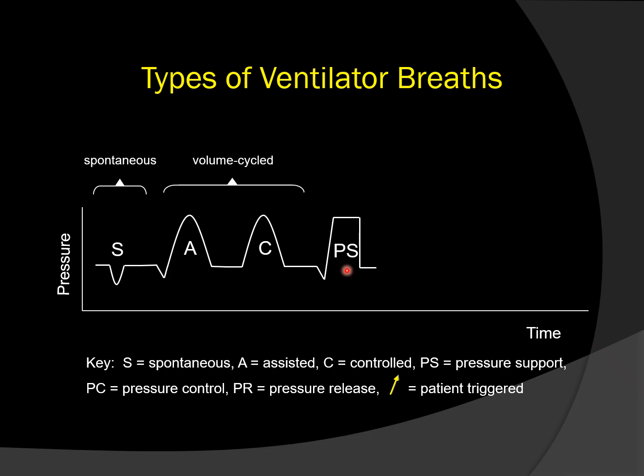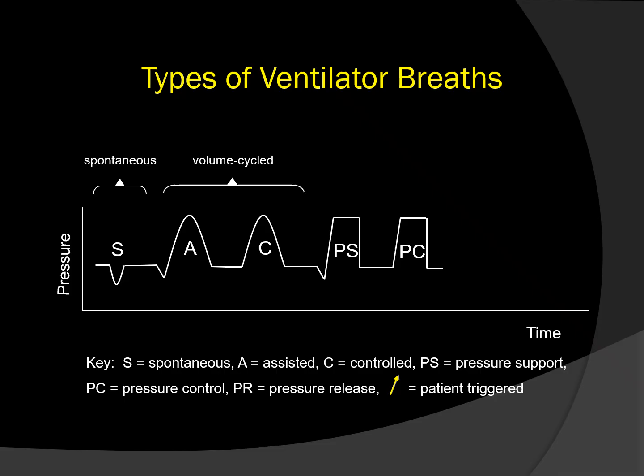So a pressure support breath recognizes the patient's effort, then it targets a pressure above baseline, let's say 10 centimeters of water above baseline, and maintains that pressure for the duration of the patient's effort. It's not timed. When the patient's not making an effort, it will stop supporting the patient.